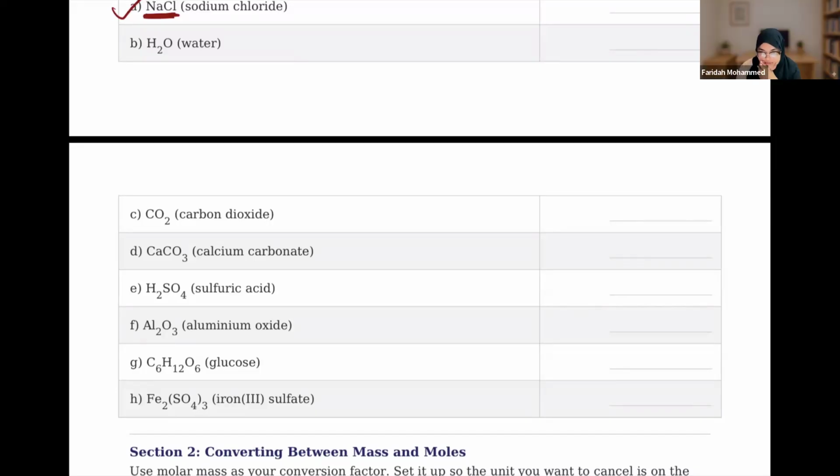If you have no unit, it's wrong. If you're done, just raise your hand on the Zoom app, okay?